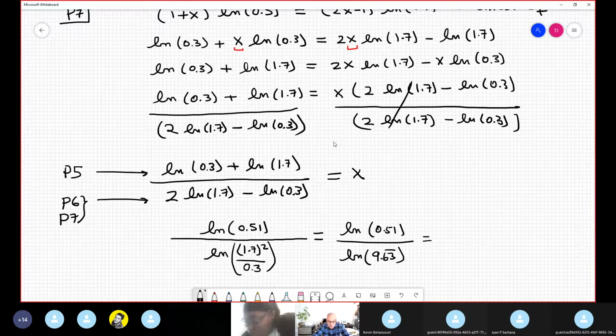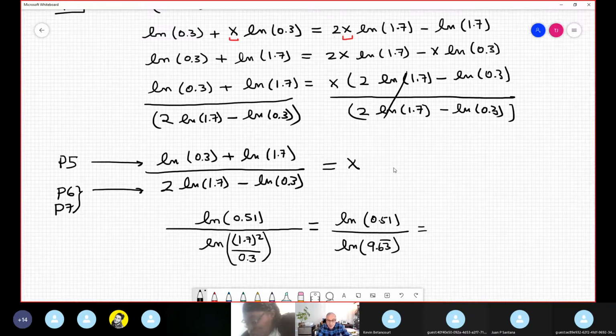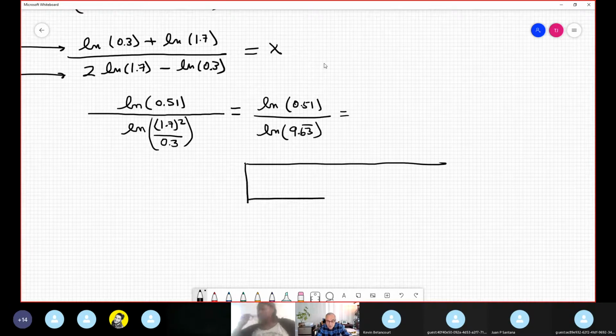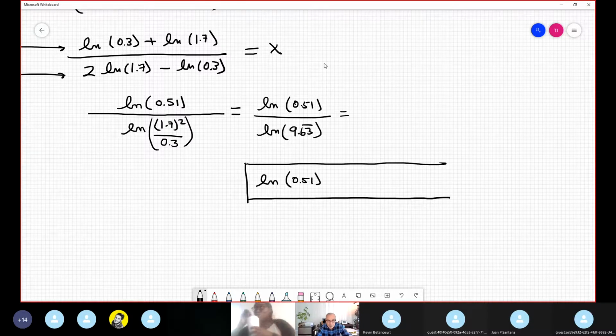So now you put this in the calculator. How? Remember, this is the display of our calculator. In this example, I select natural logarithm, why not? ln. ln what? ln 0.51. Close the parenthesis, division, and ln again.